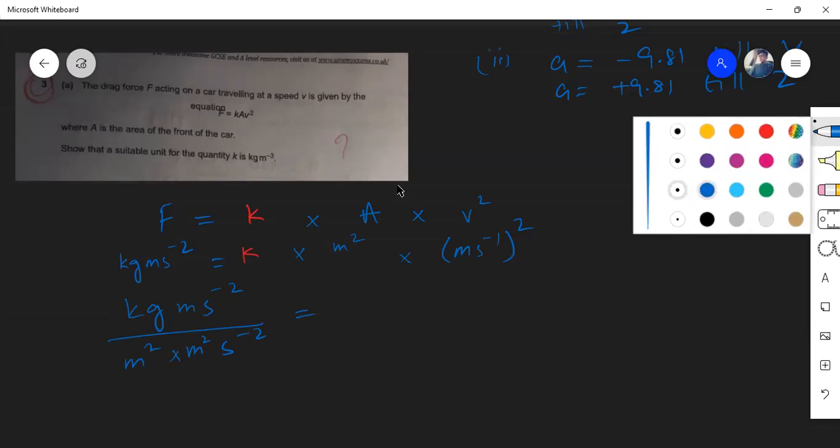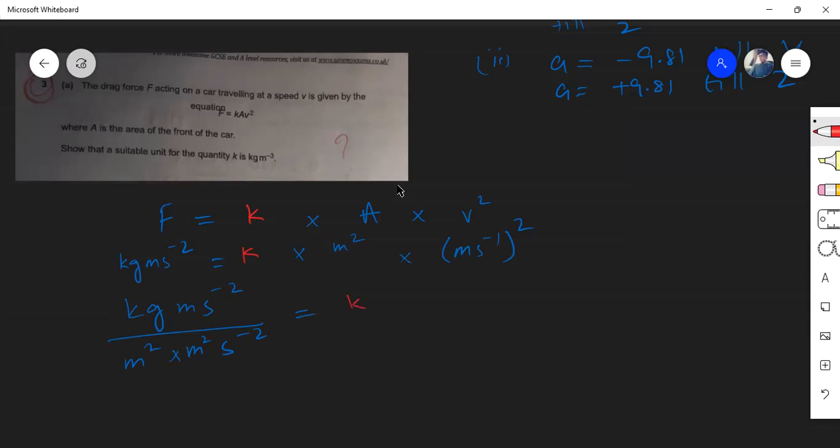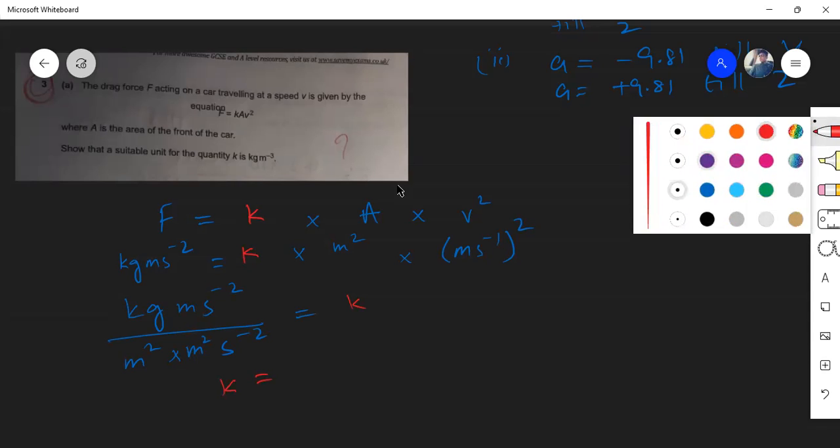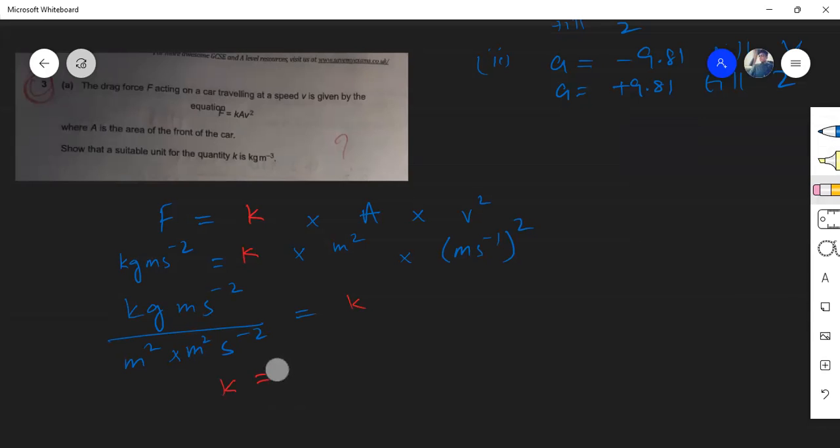These are the units of K. We cancel out s and m, so it turns out to be kg m^-3. Did you get this?